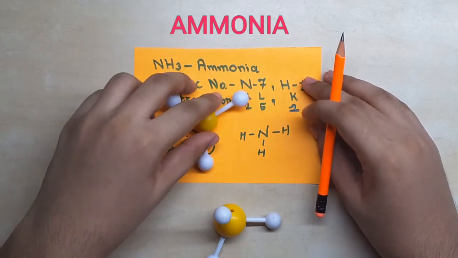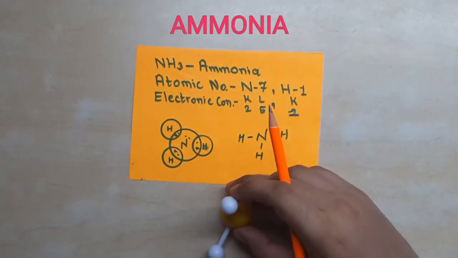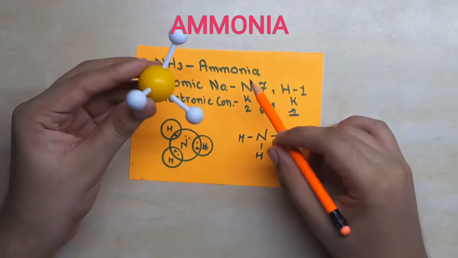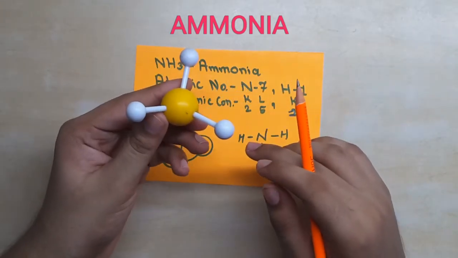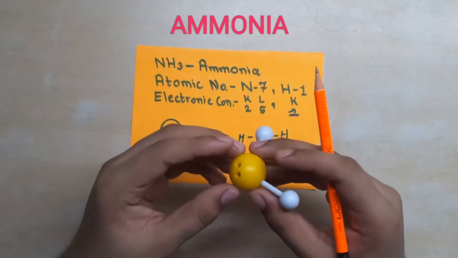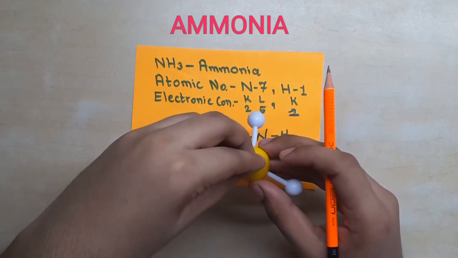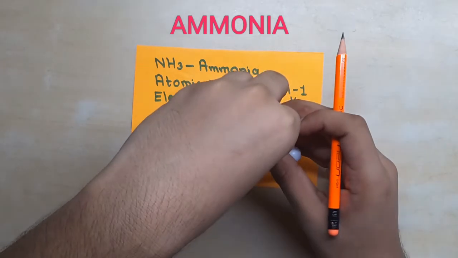But this does not happen in reality. In reality, the structure of ammonia is like this. And this is because there is a lone pair of electrons situated here.